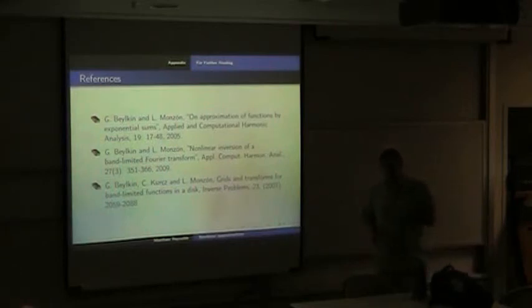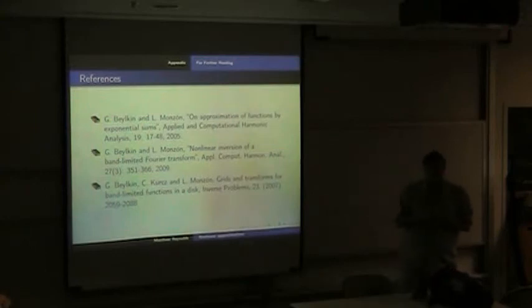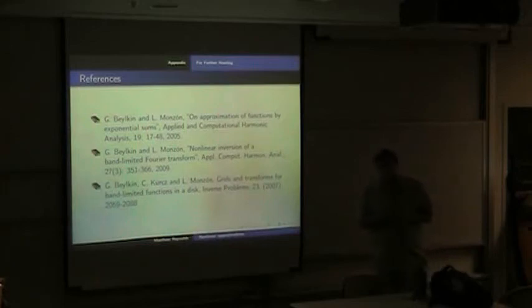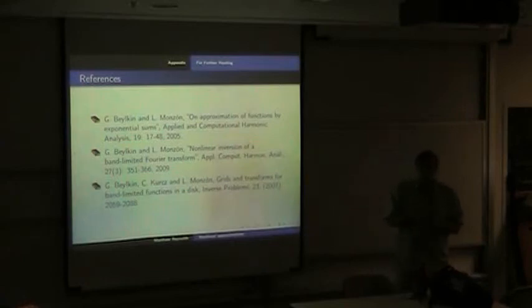If we're given data in the Fourier domain within an interval, we want to approximate those data with decaying exponentials such that we do a very good job inside that interval. But since we use decaying exponentials, outside it's going to have exponential decay.